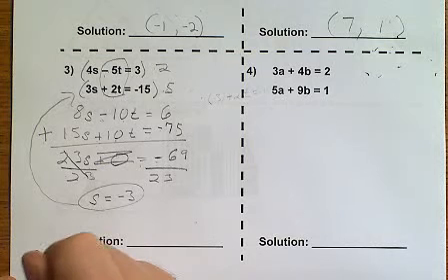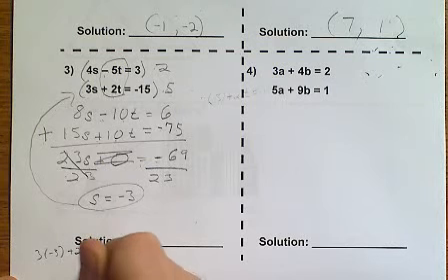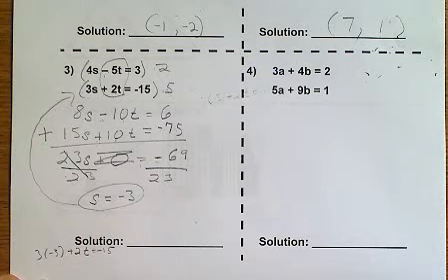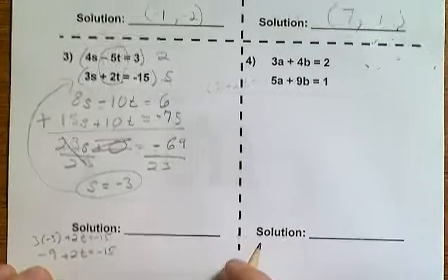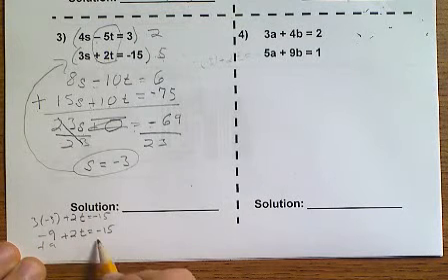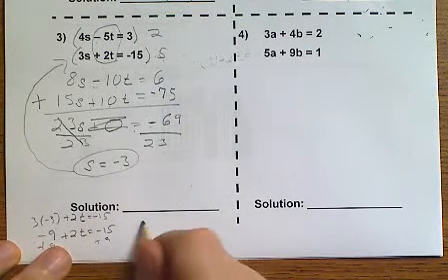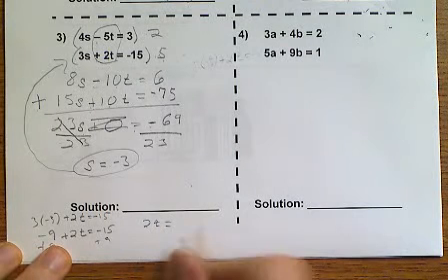3 times negative 3 plus 2t equals negative 15. 3 times negative 3 makes negative 9 plus 2t is negative 15. Add 9, and we get that 2t equals negative 6.